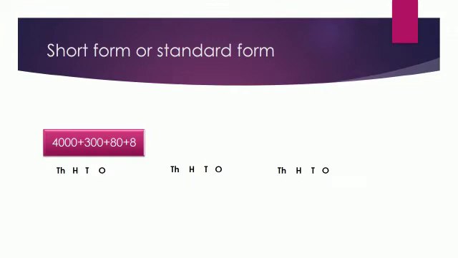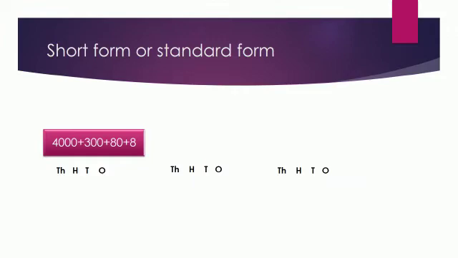The easiest way is, first, write down the place values. As you can see, the first number is 4000, followed by 300, followed by 80, and then 8. So you have a thousands place, hundreds place, tens place, and ones place. Once you write down the place value, start writing the digits one below the other. So how many thousands do you see?